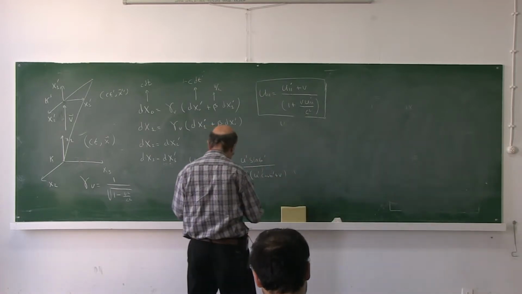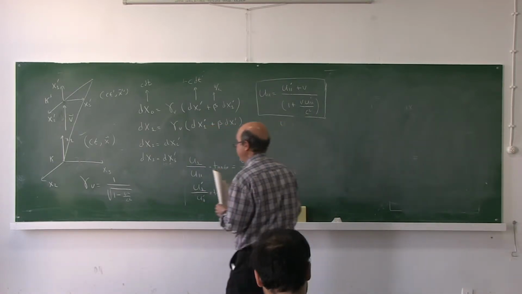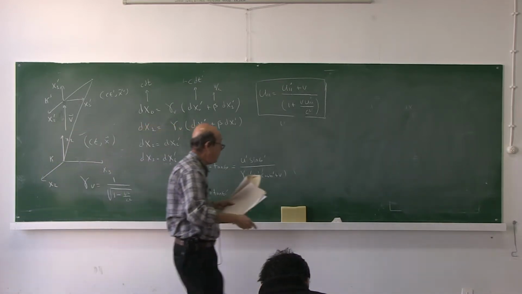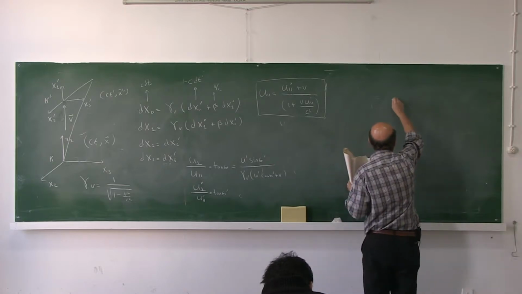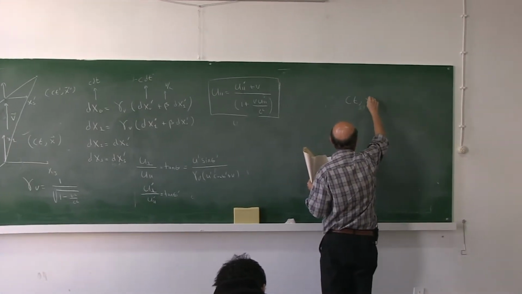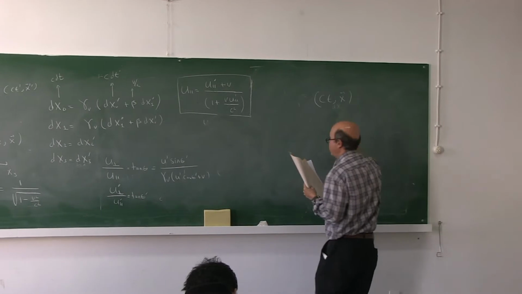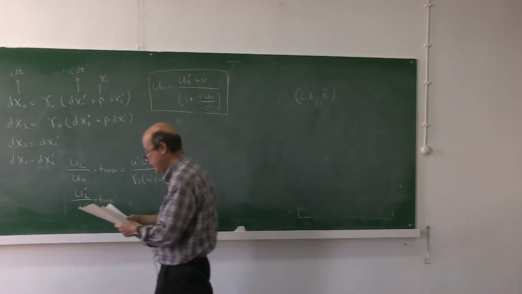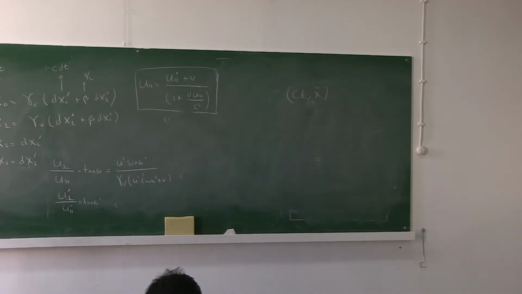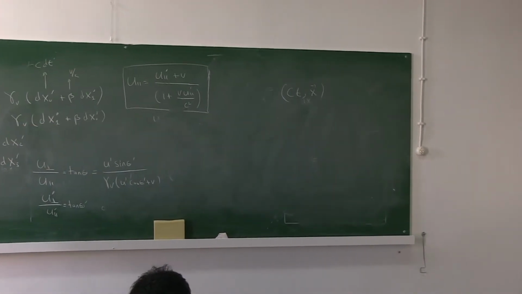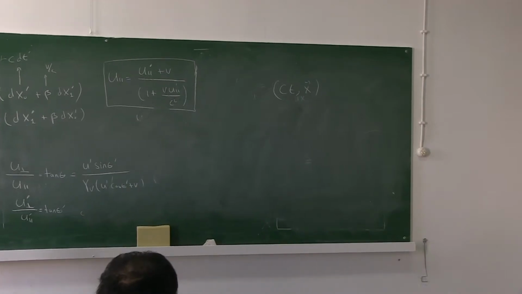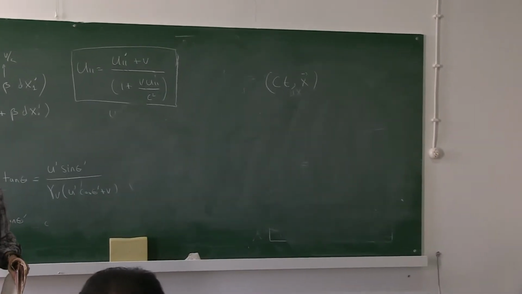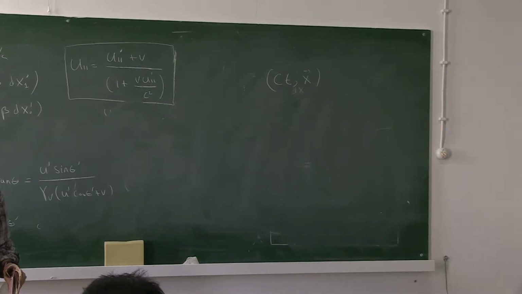So let us try to define the four-velocity. What we have at hand is c t and x. This is a 4-dimensional space and time vector. If you want to define four-velocity, you have to take the derivative with respect to time. But time is a little bit dangerous because time is a different coordinate in each frame.